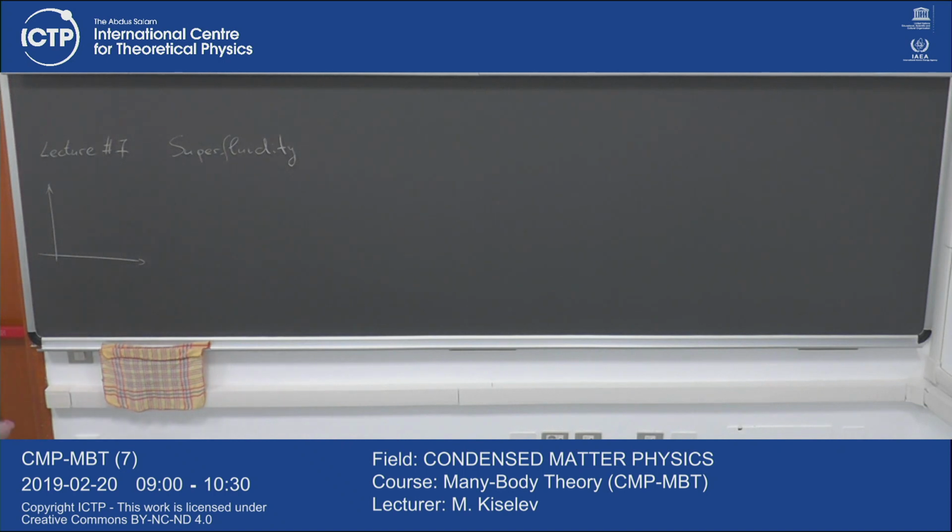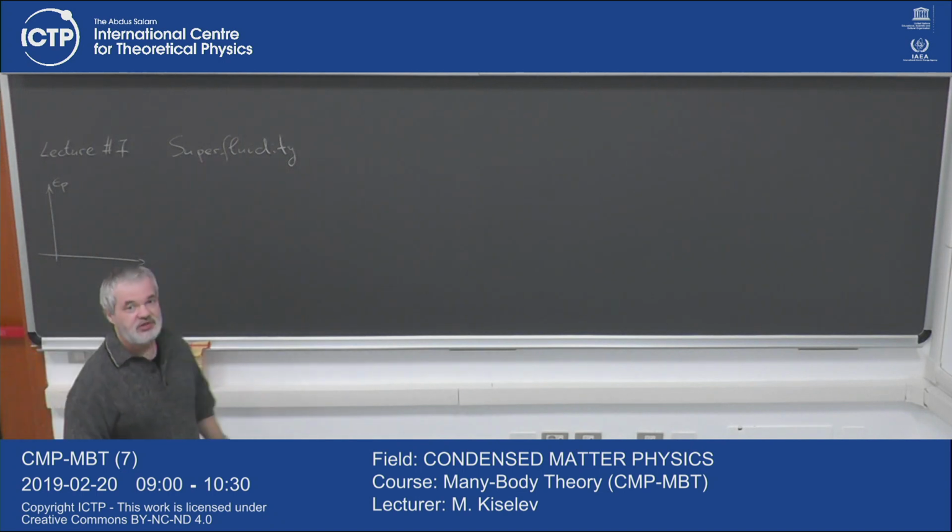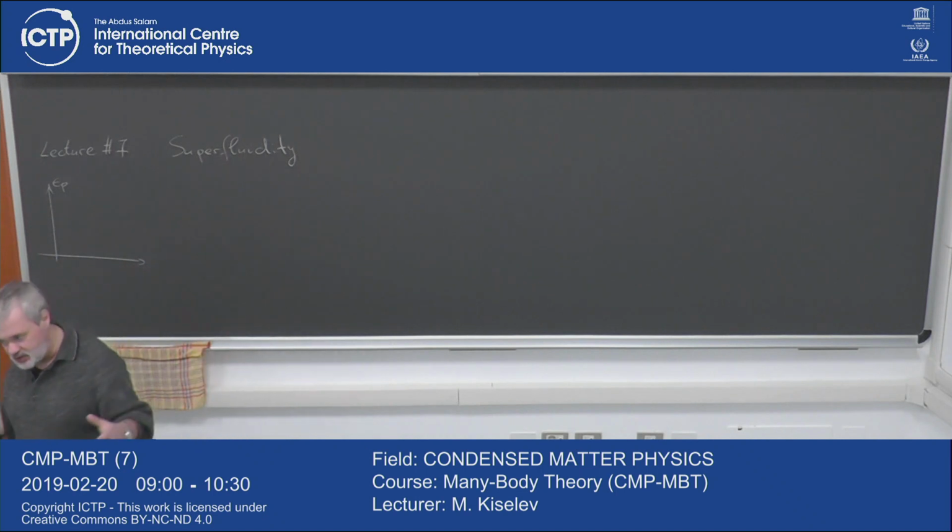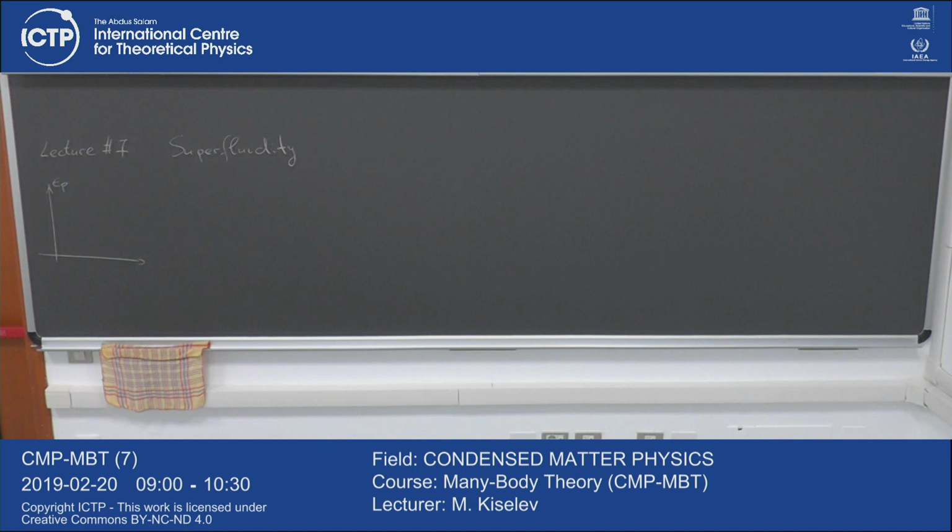Then, taking into account interaction, we obtained that the interaction dramatically changes the excitations. If we talk about the condensate, as I said, below a certain temperature there is a macroscopic number of particles which condenses into the state characterized by momentum equal to 0.